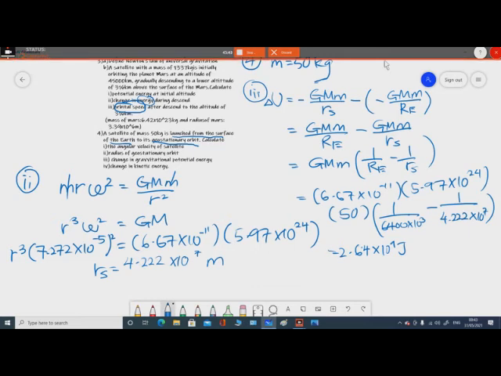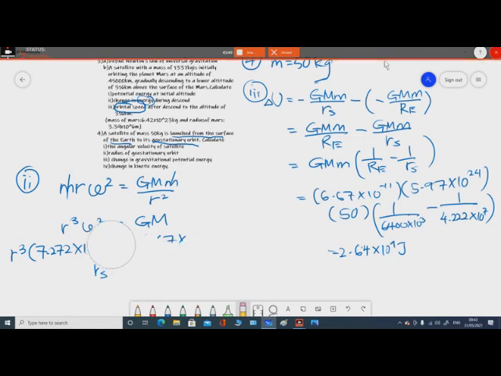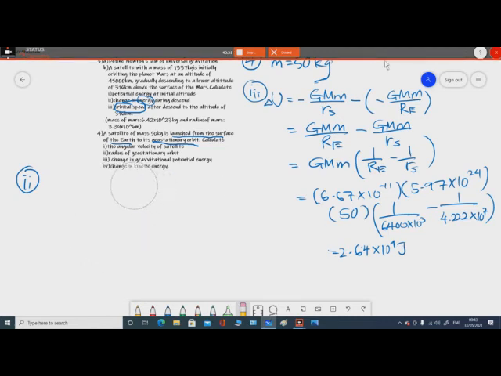Alright, so let's move to the final question. Let me erase this one. The change in kinetic energy. So what is the change in kinetic energy? We know that the total energy before leaving the Earth is equal to the total energy after leaving the Earth.